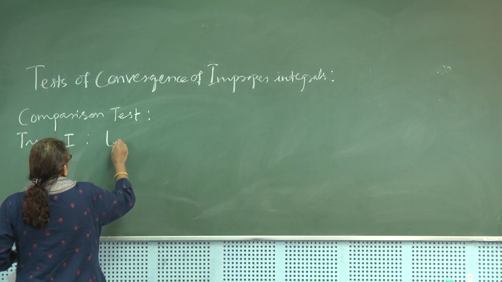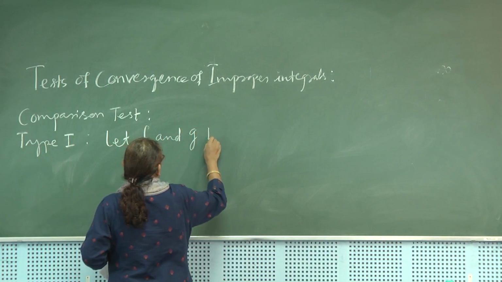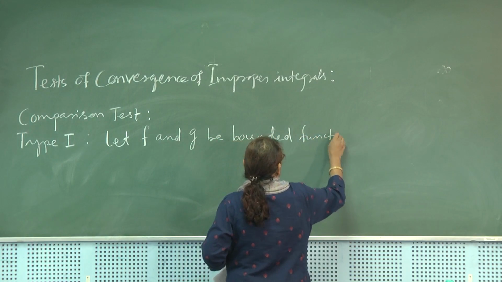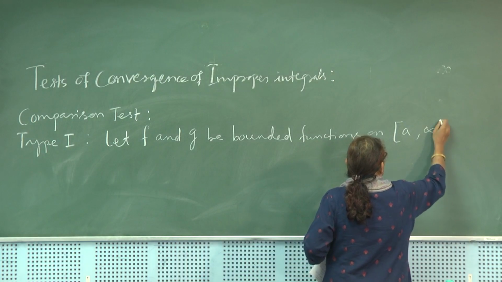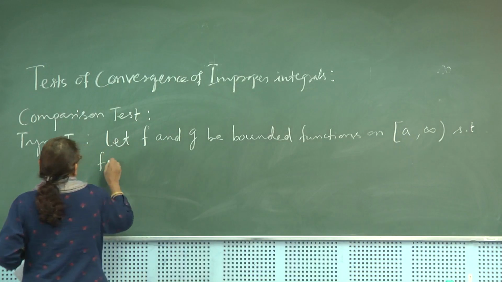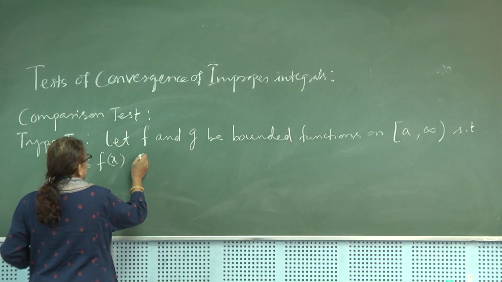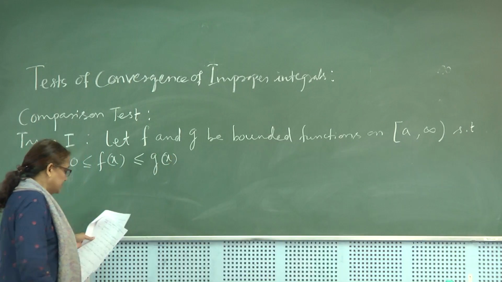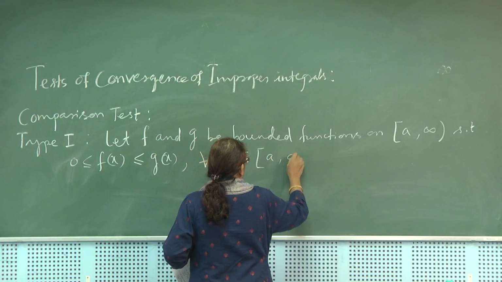Let f and g be bounded functions on the interval a to infinity, with the condition that they are non-negative functions, I mean f x is greater than or equal to 0 and that is less than or equal to g x for all x in this interval a to infinity.